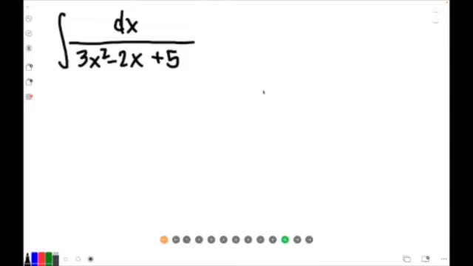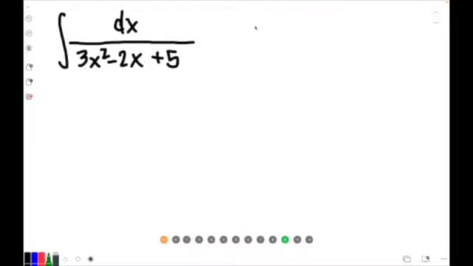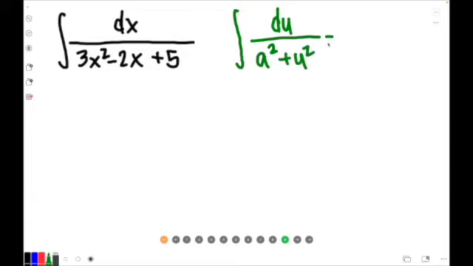As we already mentioned, we want to transform this into a pattern that we know, and that particular pattern is the one with a squared plus u squared, which is equal to 1 over a arctangent of u over a plus c.